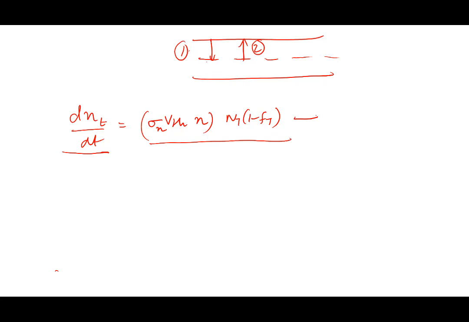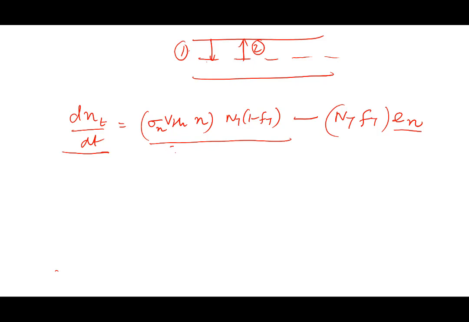The emission of electron back to the conduction band, what will it depend on? First of all, it will depend on the fact that the electron exists in the defect state, which is Nt into Ft. Agreed? These are the defect states which are occupied by electrons, Nt into Ft. And then we call this the emission rate, the rate at which it is emitting.